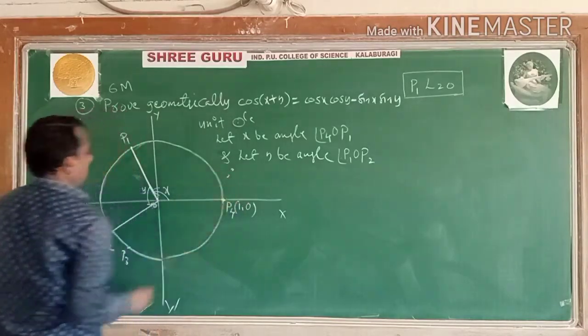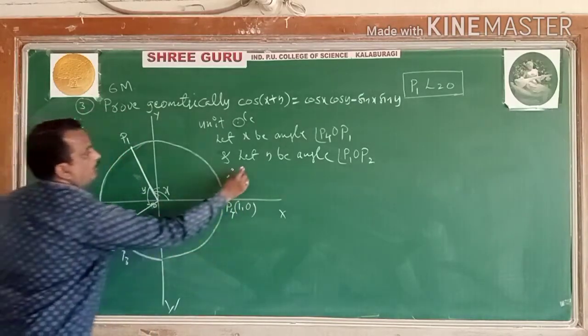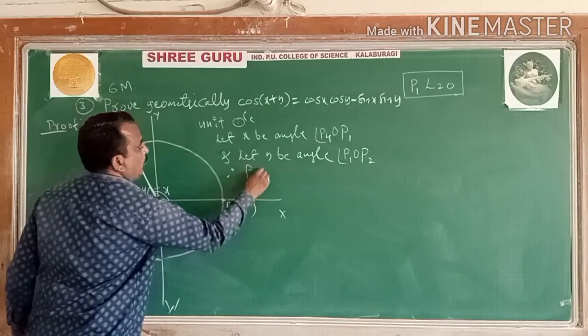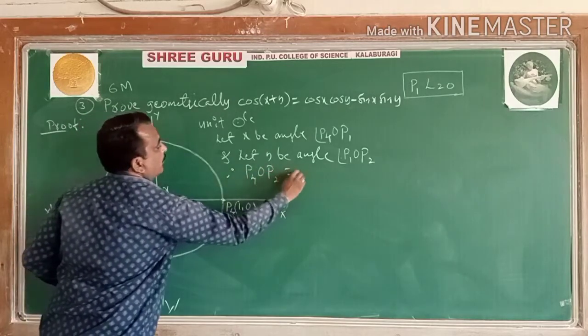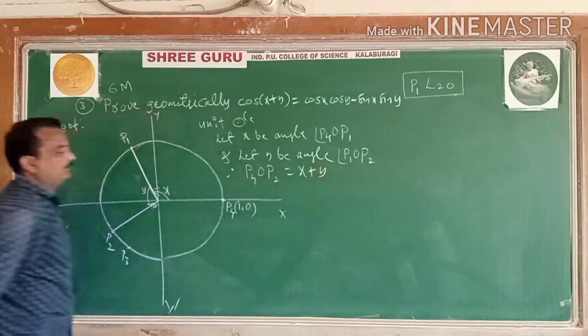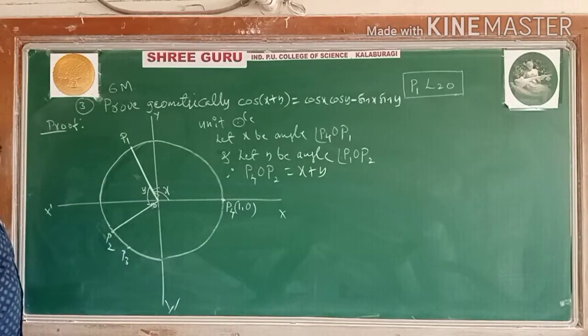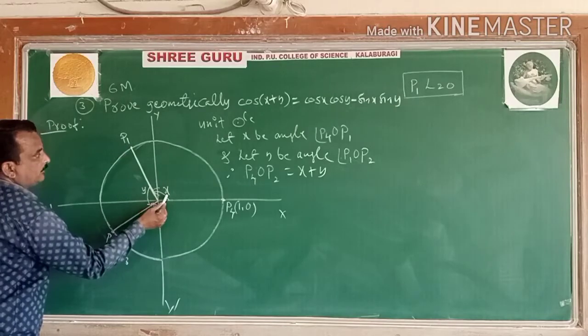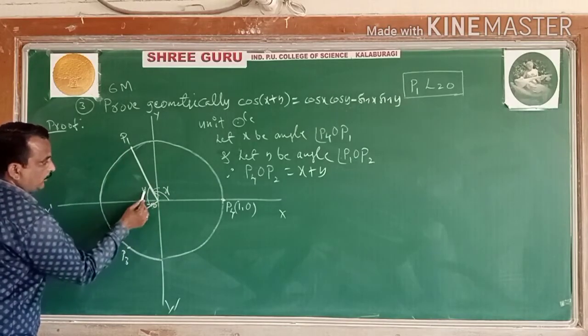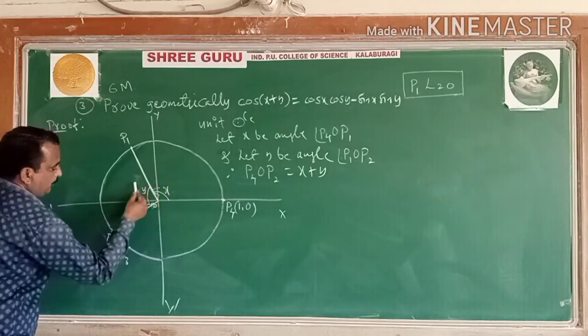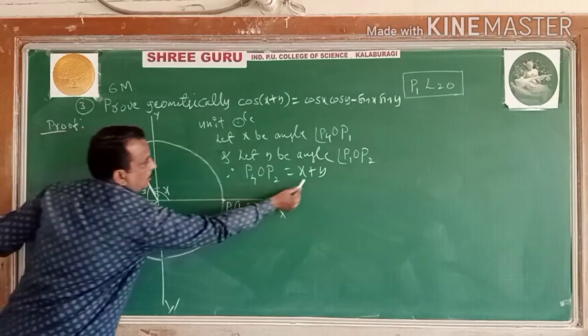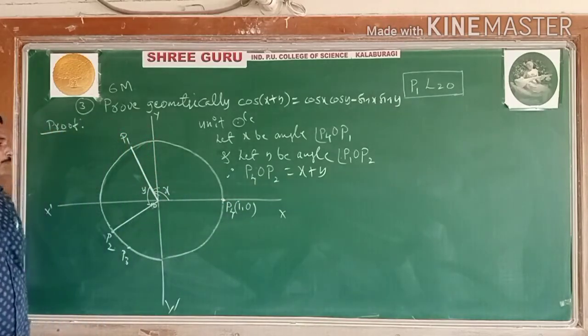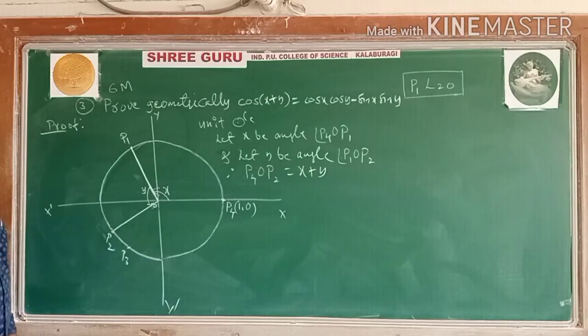Therefore, what will angle P4OP2 become? Angle P4OP1 is equal to x and angle P1OP2 is equal to y, so P4OP2 becomes x plus y, the sum of the two angles.